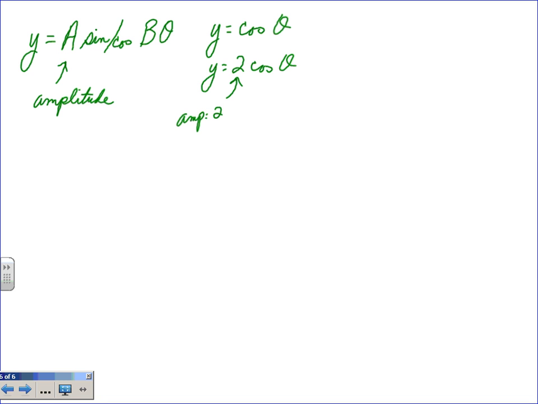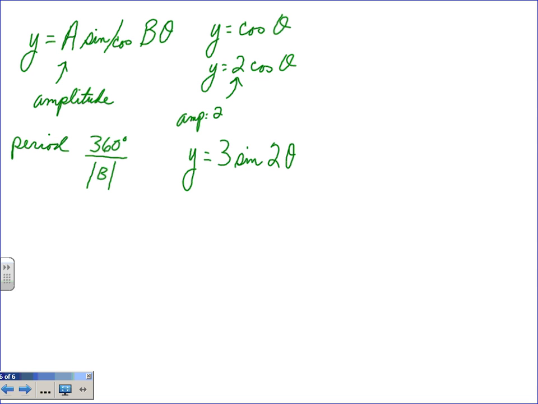The period for sine and cosine is 360 degrees divided by the coefficient of the angle, and the absolute value of that. For instance, if we had y equals 3 sine or cosine, it doesn't matter, of 2 theta.